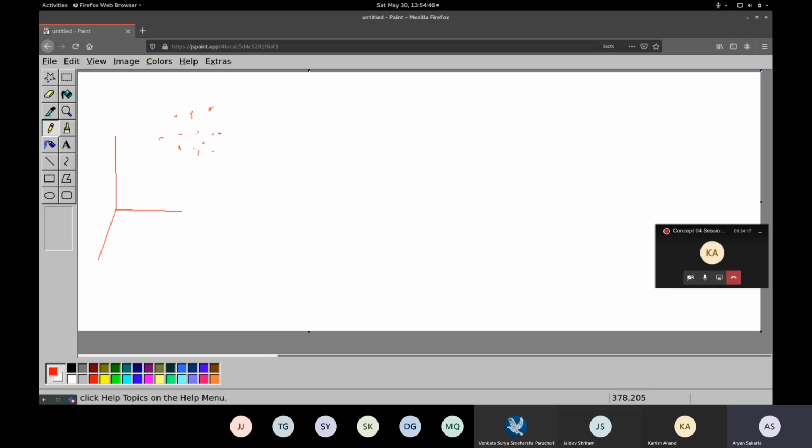Everything in red is described in the world frame. So this point here has some value x, some value y, and some value z. You can think of them as vectors, and all of them have values that are based on this world origin.